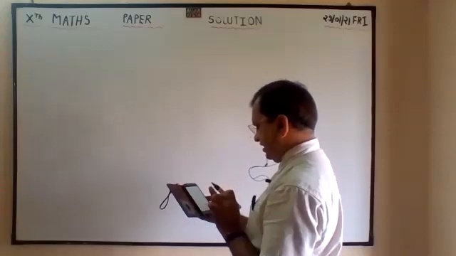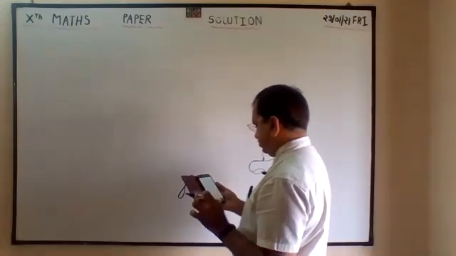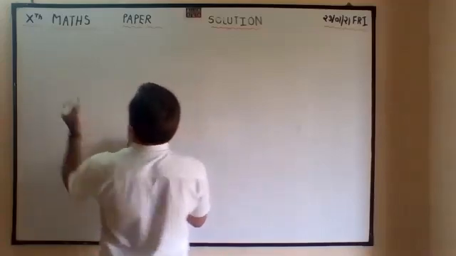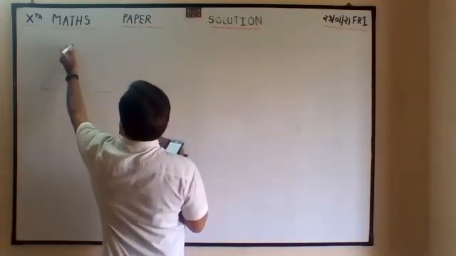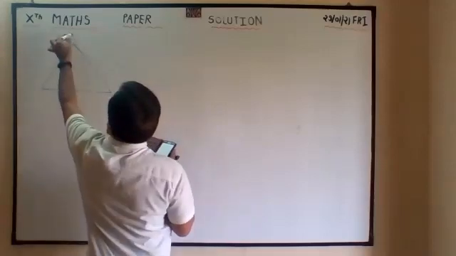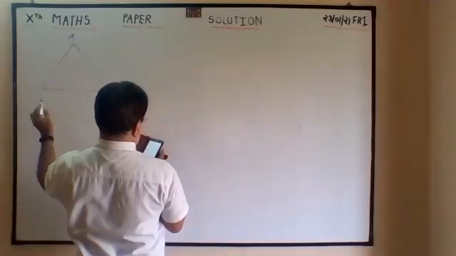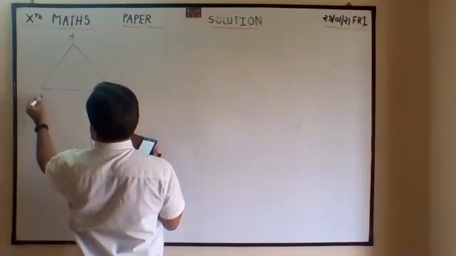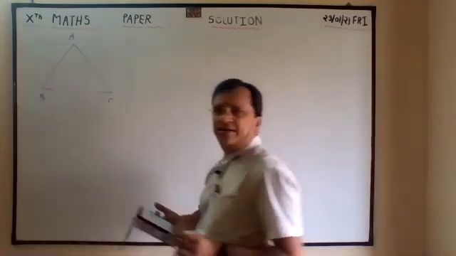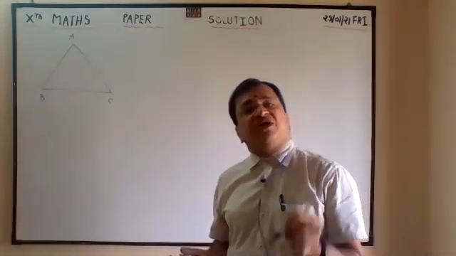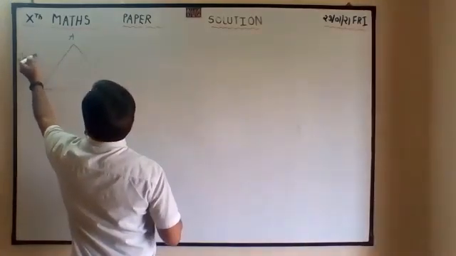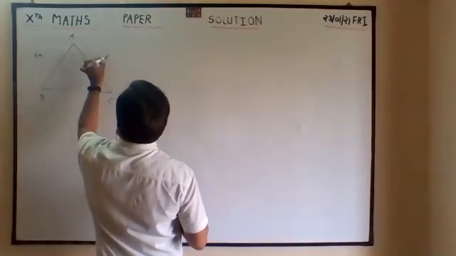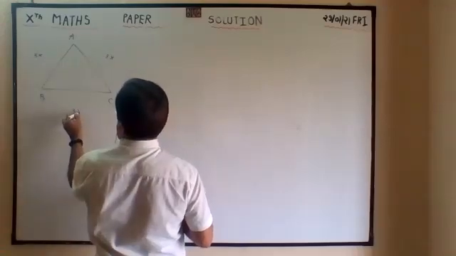ABC is an equilateral triangle. P is on the base such that PC is 1/3 of BC. They have given 1/3, so consider all as 3x. So AB is 3x, AC is 3x, BC is 3x.